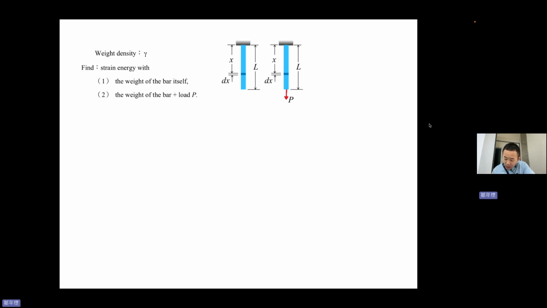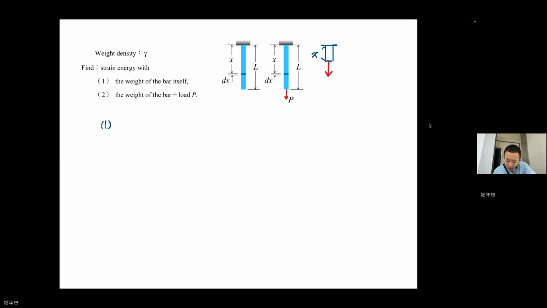Okay, so let's consider the self-weight, the first one. So how can we determine self-weight? We just cut it, and we cut at a distance x.